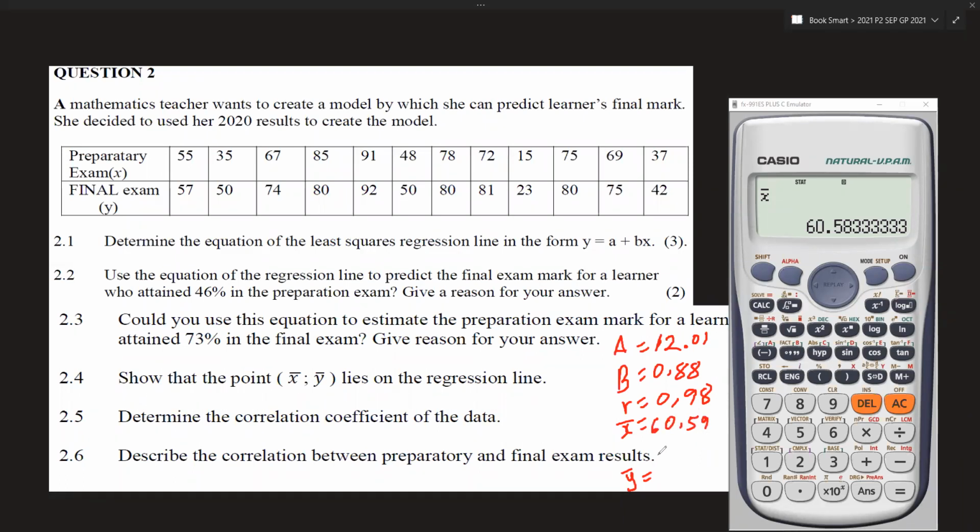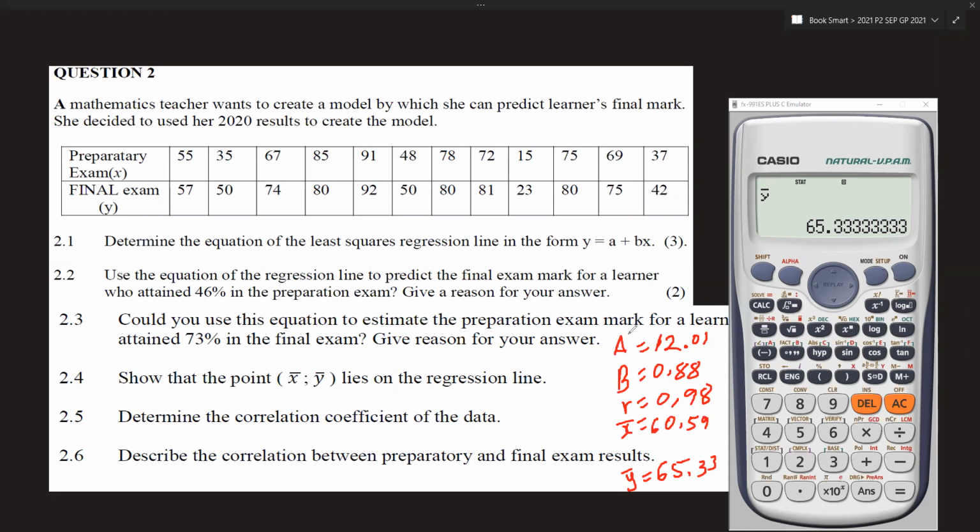Now we can do the same to get Y, the mean for the Y-axis. We press that, then 4, then it's on number 5 there. So 5, which equals 65.33. Okay.